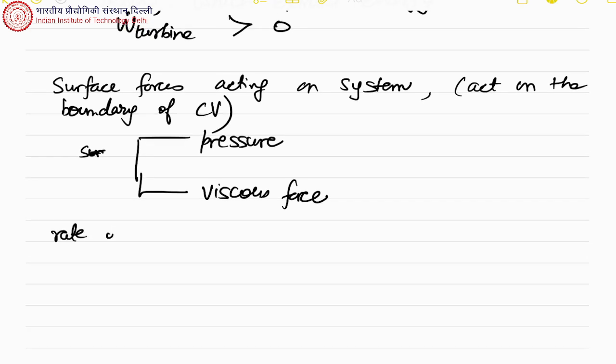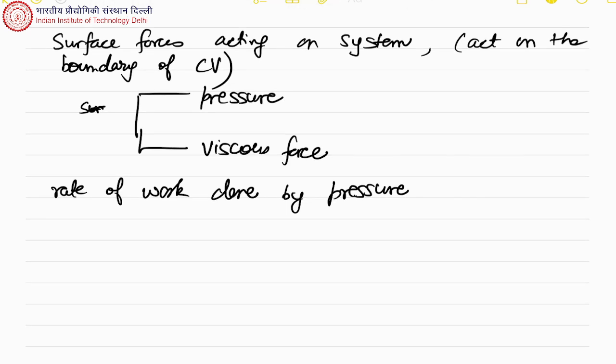Now, let us look at the rate of work done by the pressure. If this is the surface, then this is N, and let us say there is an inflow.